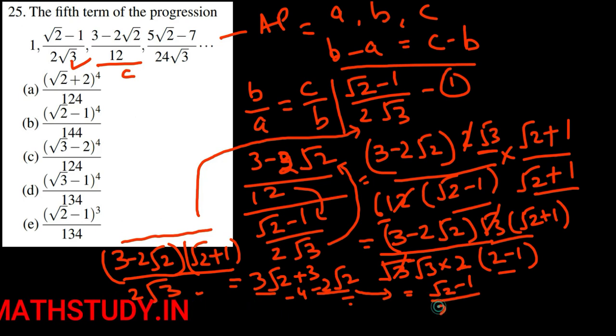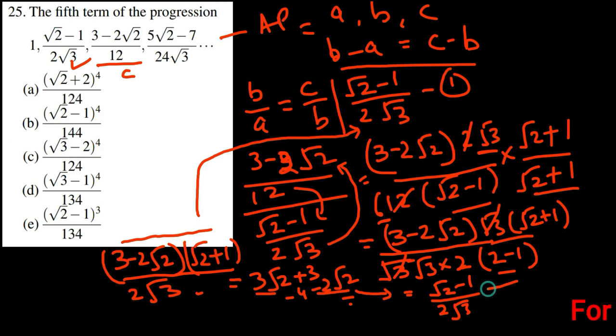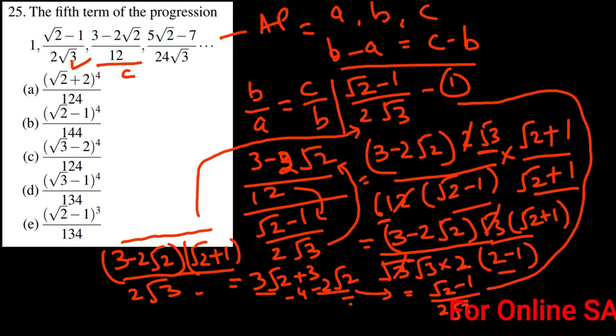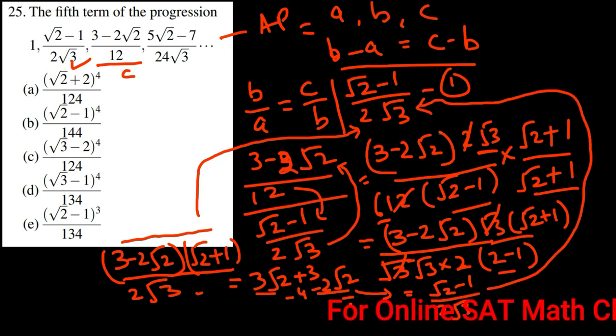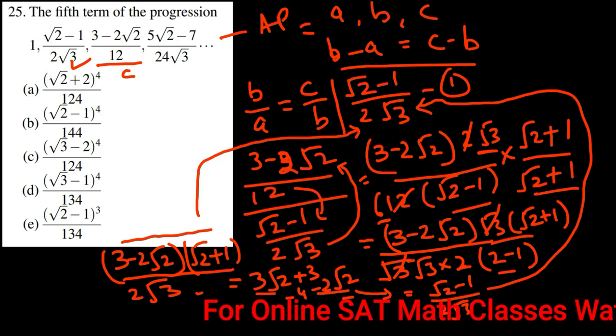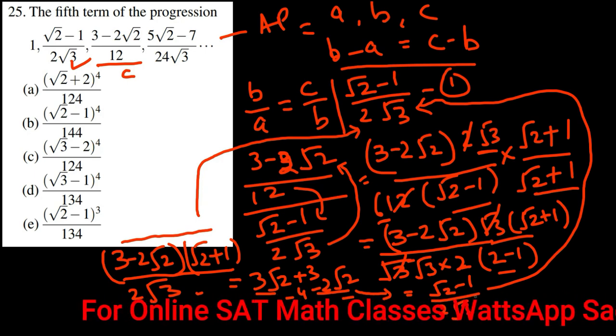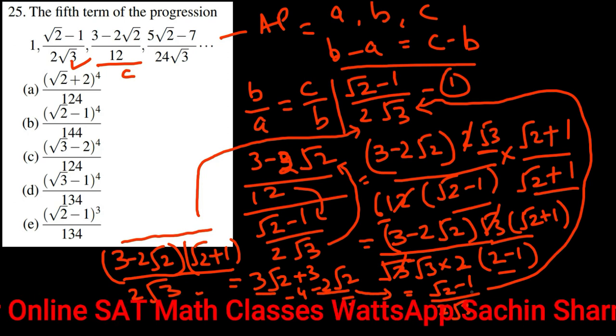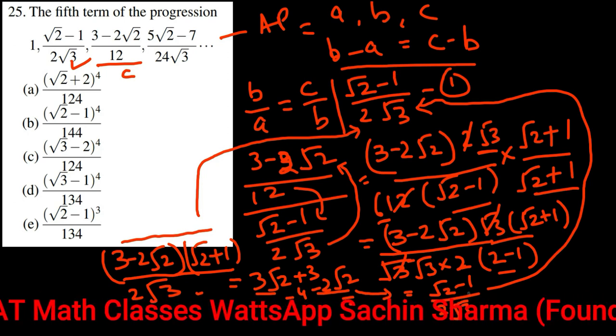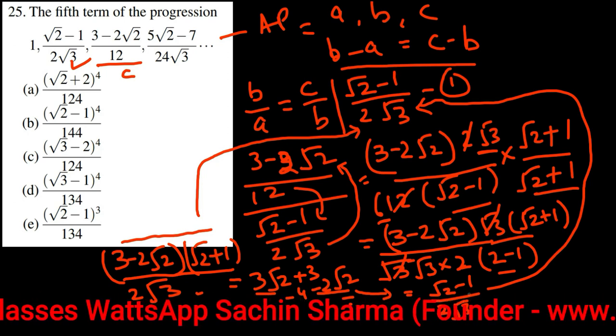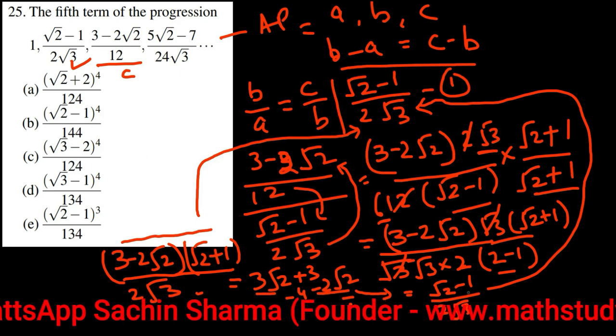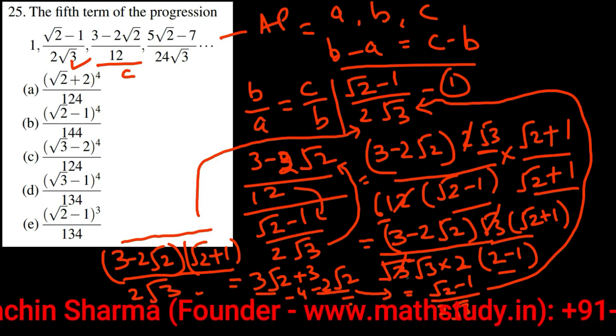The denominator is 2 root 3, and now we can see that our ratio is the same here, right? Since our ratios are the same, we can say that this is a GP. Now for the fifth term of this progression, we have to use the general formula of the terms, right?